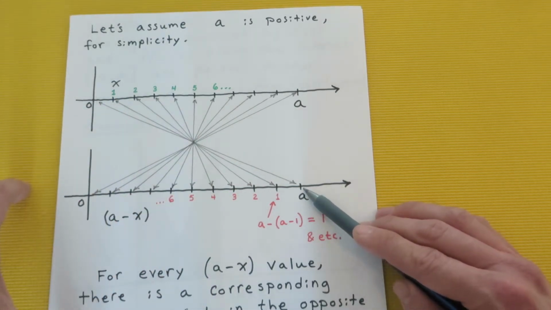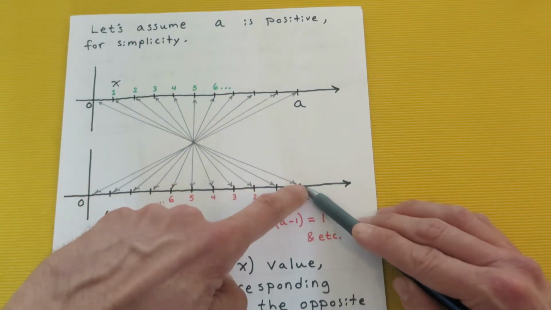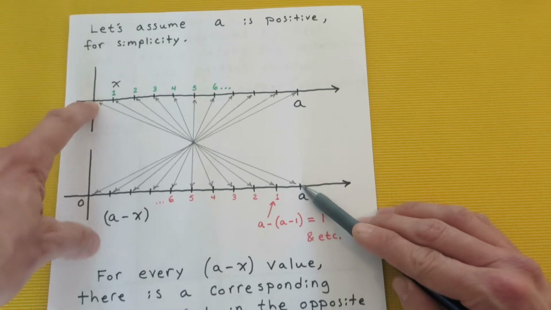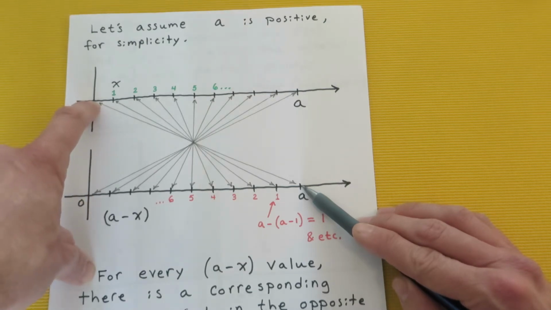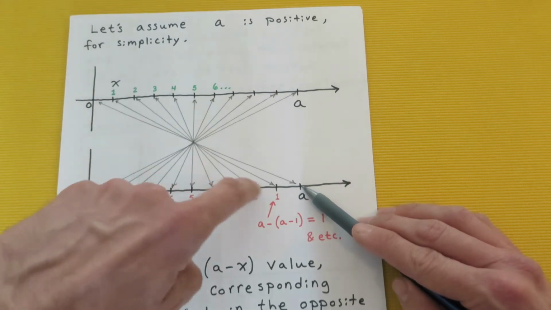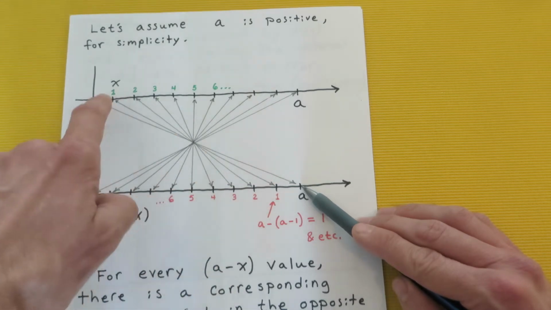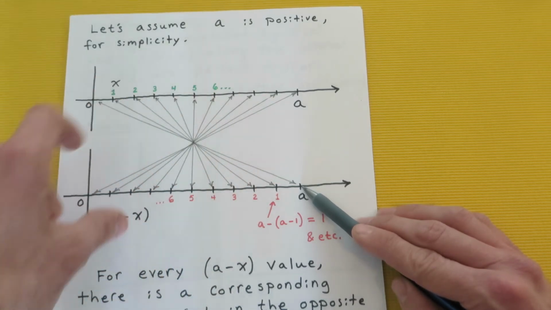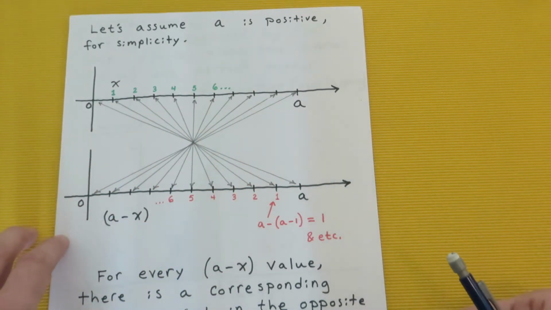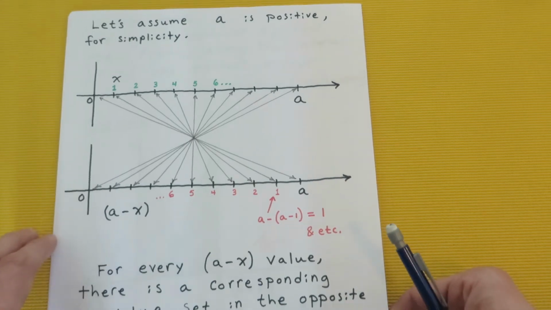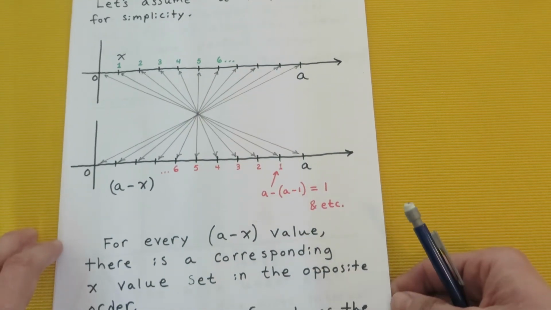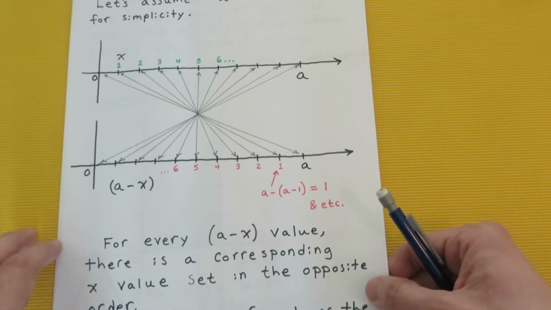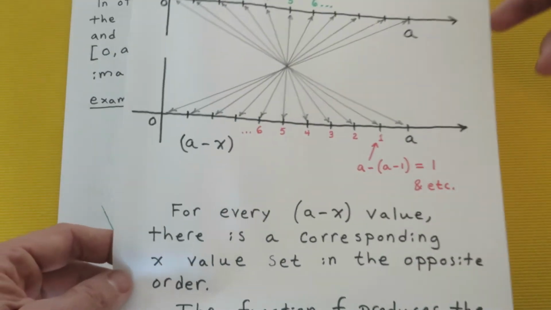Similarly, if a were equal to x, well then a minus x would just be 0, and that would take us all the way over here. So we have the same inputs as we do up here. They're just going in reverse order of one another. And obviously the function f is going to produce the same output for both. We're just going in opposite order.